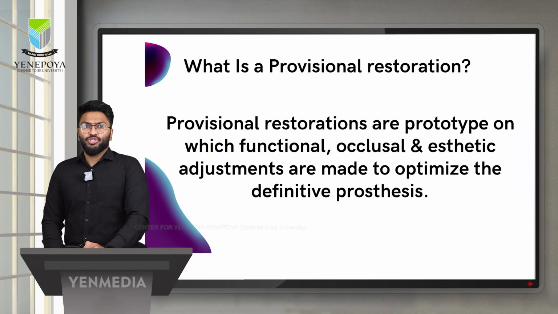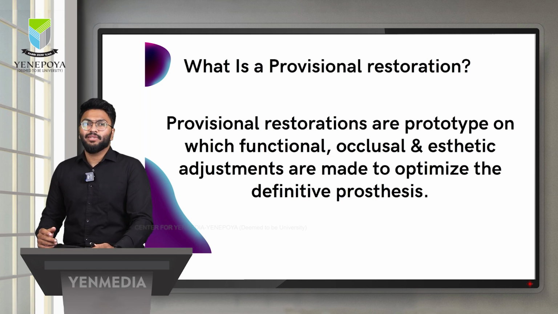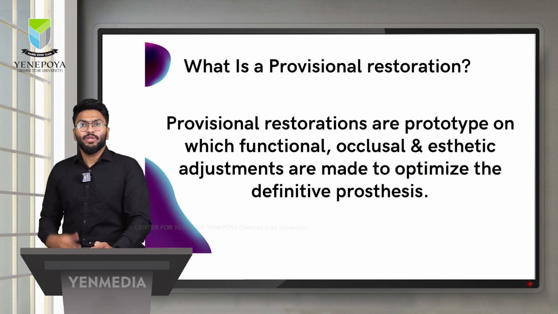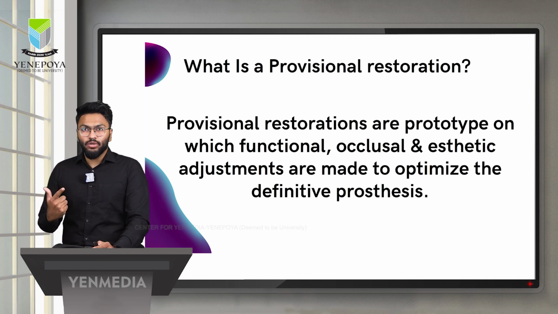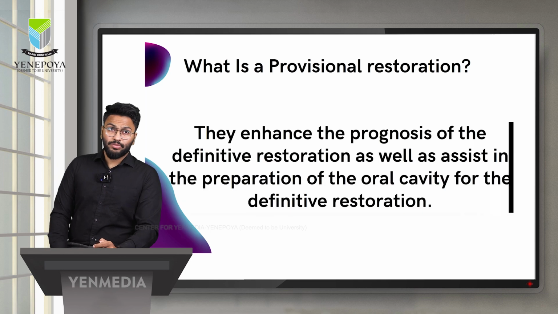So what is a provisional restoration? Provisional restorations are a prototype on which functional, occlusal and aesthetic adjustments are made to optimize the definitive prosthesis. So basically a provisional restoration provides a prototype on which certain functional, occlusal and aesthetic adjustments are made so that you can optimize your final prosthesis.